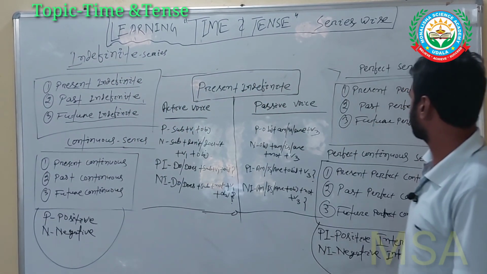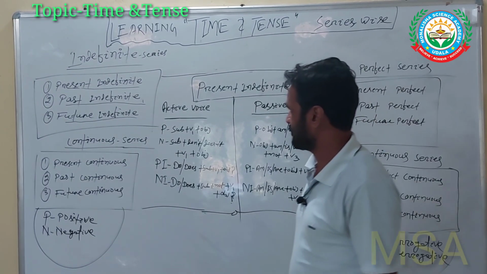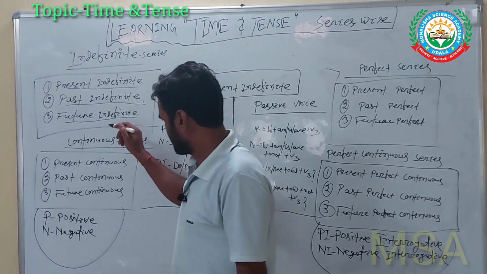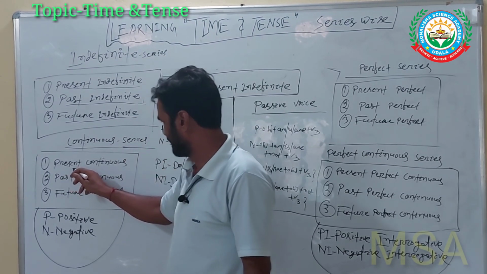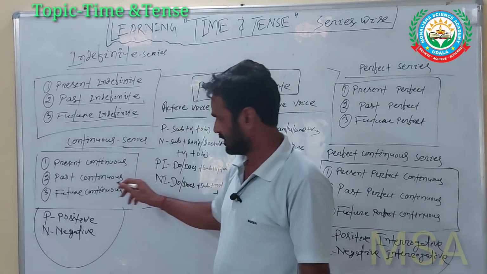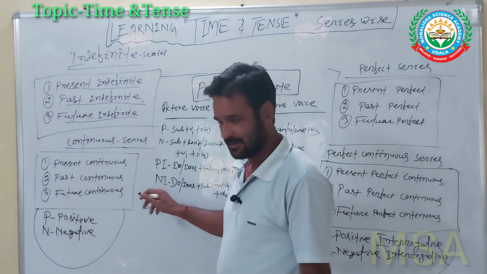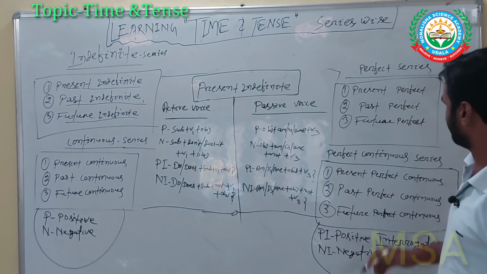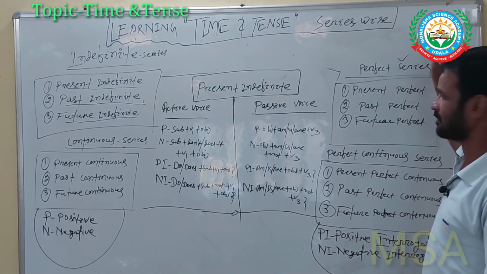And the second box is the continuous series box. In the continuous series box you can see present continuous, the second one past continuous, and the third is future continuous, right? And let's come here and see the perfect series box.